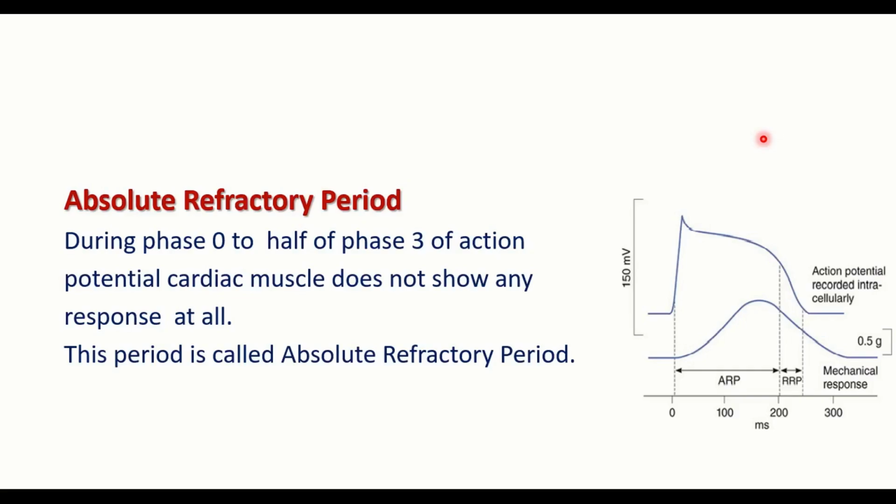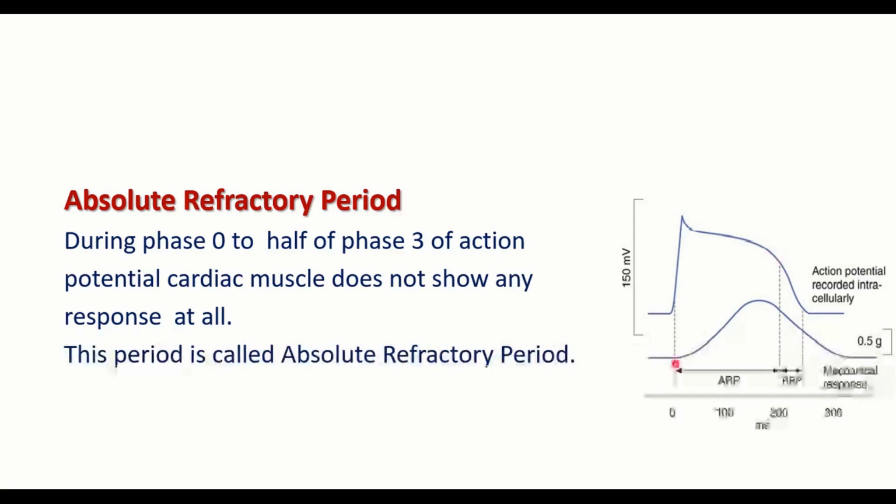So here you can see a diagram showing the action potential of the cardiac muscle and its mechanical response, that is contraction. So this is contraction up to here, then relaxation. You can see they have labeled from 0 to half of phase 3: the 0, then 1, then 2, then up to here, half of phase 3 of the action potential.